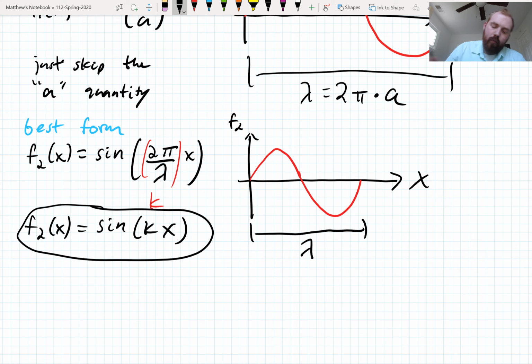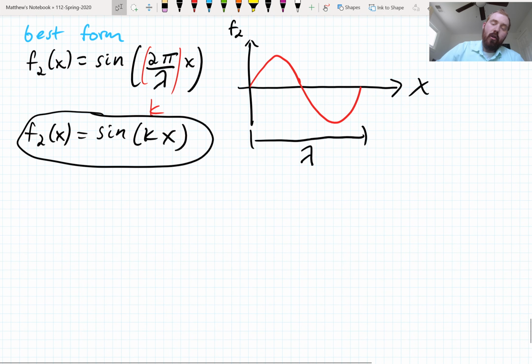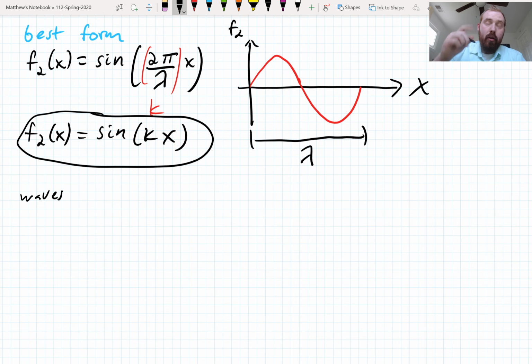And that's what I mean by expressing this in its natural units. So let's put in the full picture now. Waves will have both a coordinate dependence and a time dependence.